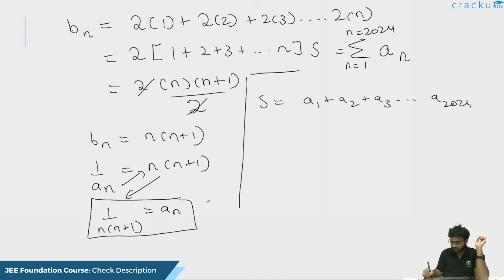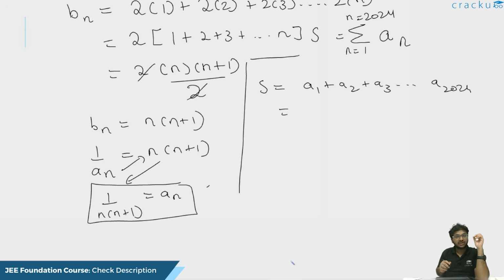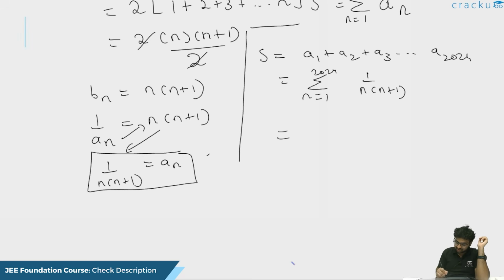Okay. So we can replace this by sigma n equal to 1 to 2024 of 1 upon n into n plus 1.